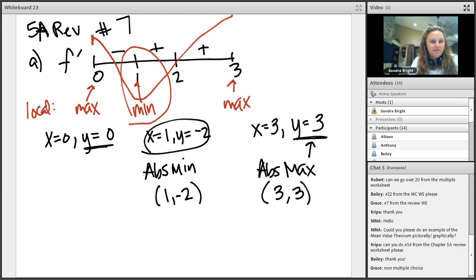For points of inflection, you want to look at when the concavity changes, which means when the second derivative changes signs.